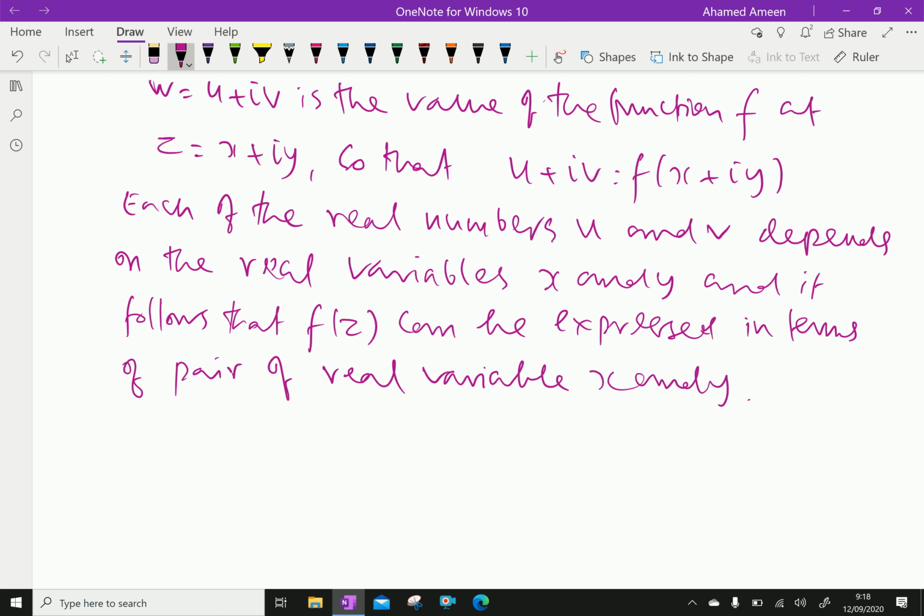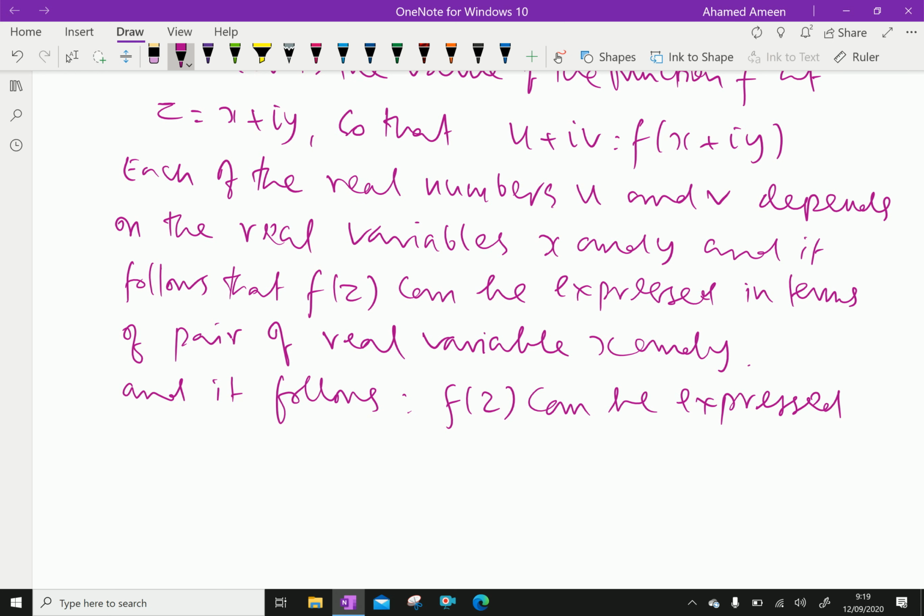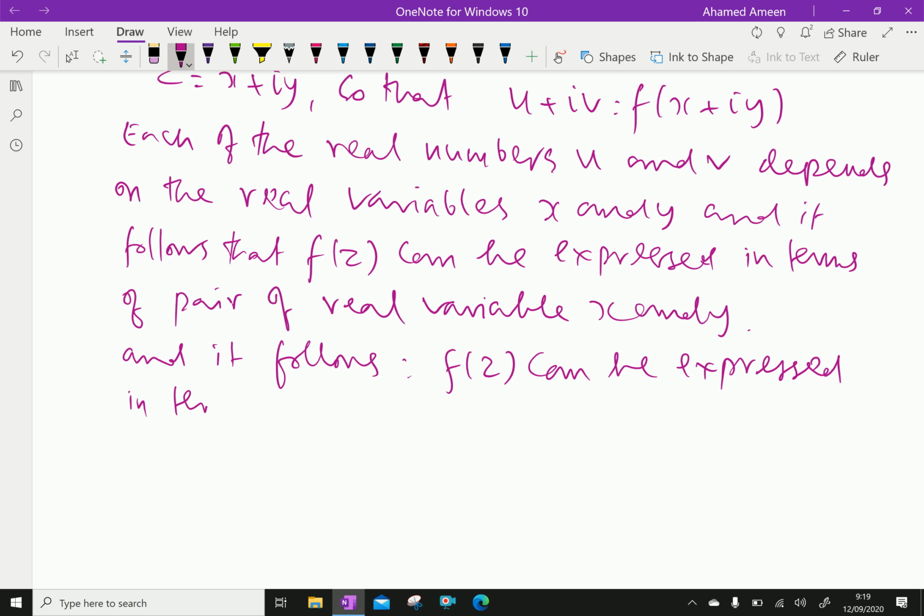And it follows that f of z can be expressed in terms of real valued functions of the real variables x and y.